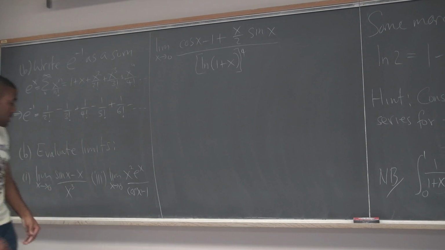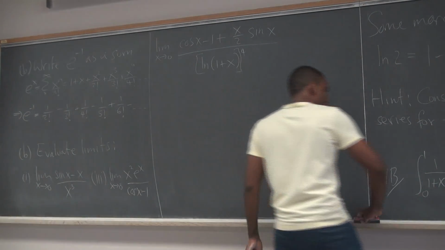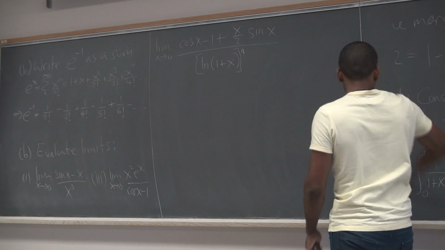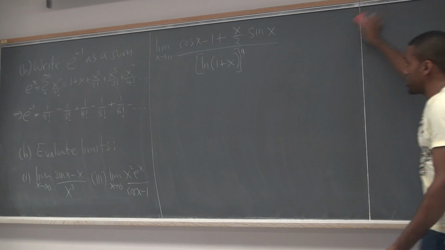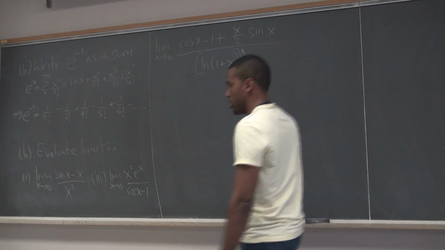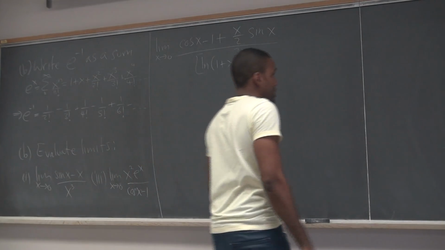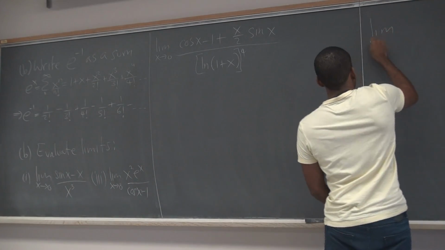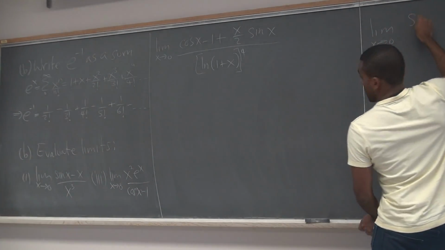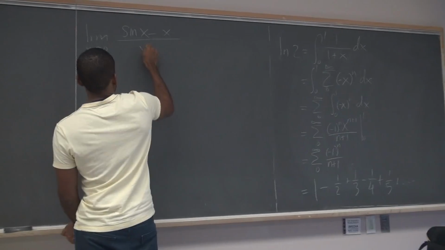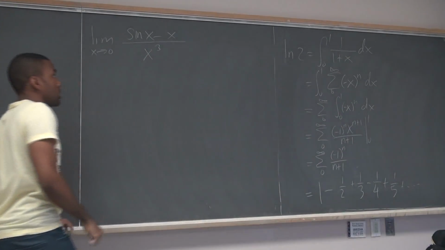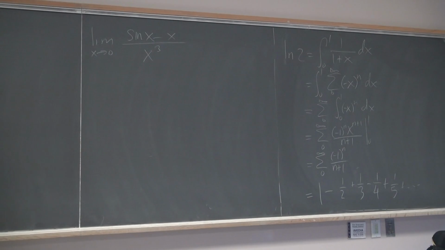You could do something like evaluate a limit. Let's look at something like that. Sure, we could do L'Hopital's rule like 3 times, and depending on the functions, this might be a viable option for you. But let's suppose the functions were really nasty and differentiation would be annoying. If I see something like sine x minus x over x cubed, I can actually use series to help me figure this out.